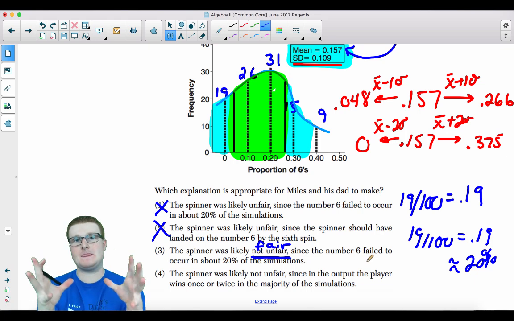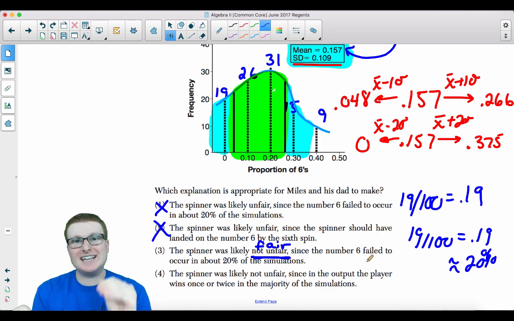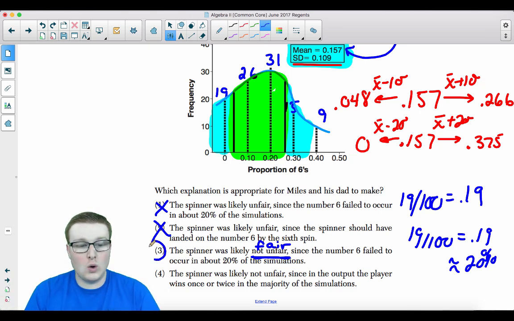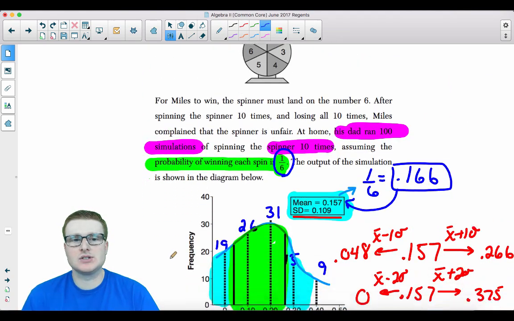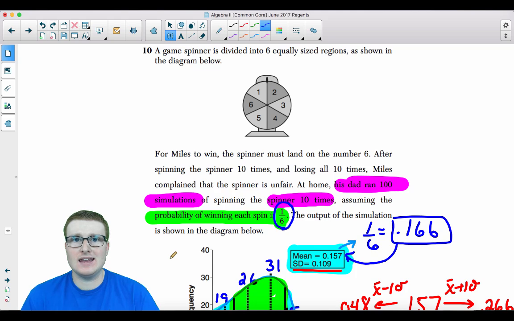So here's the thing. The spinner is fair because the number 6 failed to occur in about 20% of the simulations, meaning that Miles doesn't have an unfair spinner.